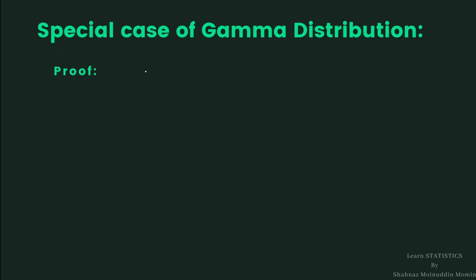Now, if x follows exponential with parameter 1, then its PDF becomes f(x) equal to e raised to minus x, x greater than or equal to 0.